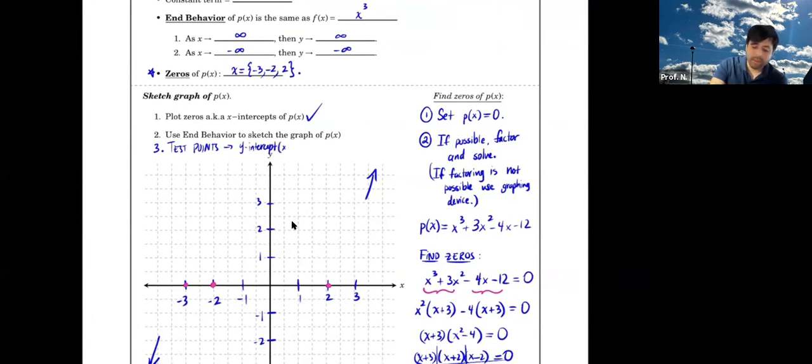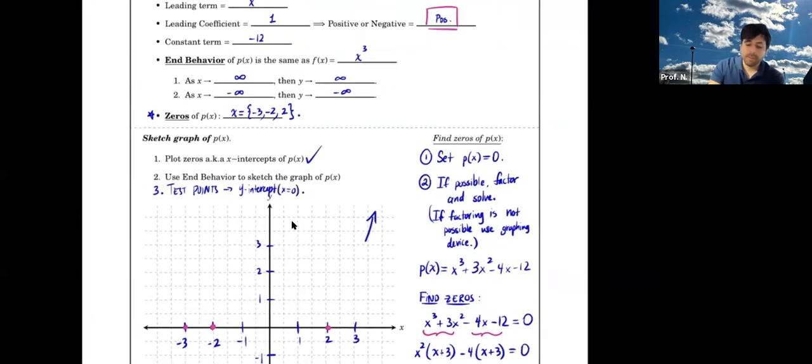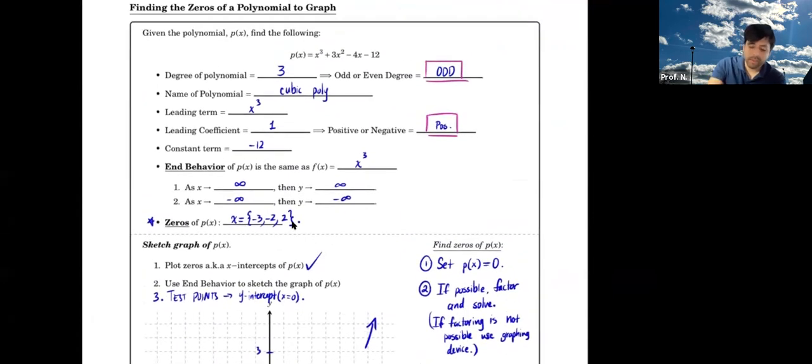Well, that's when x equals 0, right? If you plug in 0 into our function, what is p of 0? What's the result? Negative 12. So the constant term actually gives us the y-intercept. Oh, wow, that's cool.